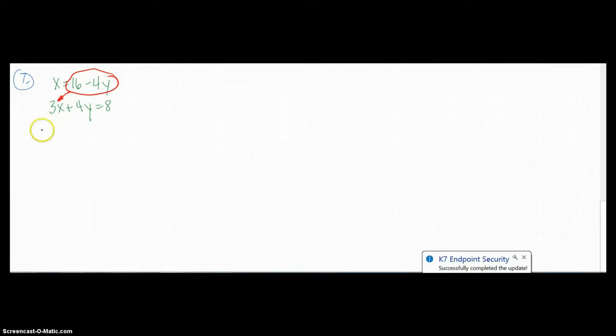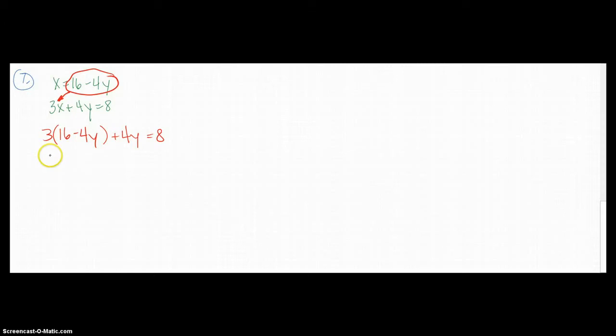So we get 3 times 16 minus 4y plus 4y equals 8. So if you distribute, you get 48 minus 12y plus 4y equals 8.